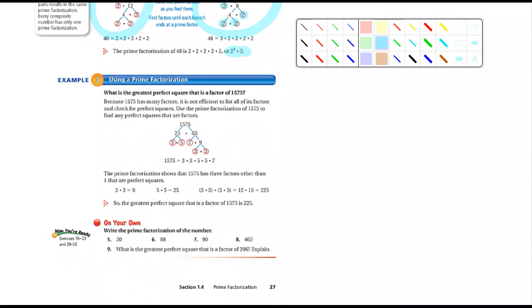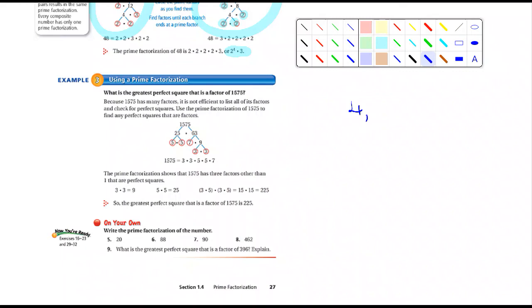What's the greatest perfect square that's a factor of 1,573? Do you remember what the perfect squares were? A number that can be multiplied by itself. Right. So is 4 a perfect square? Yes. 2 and 2.